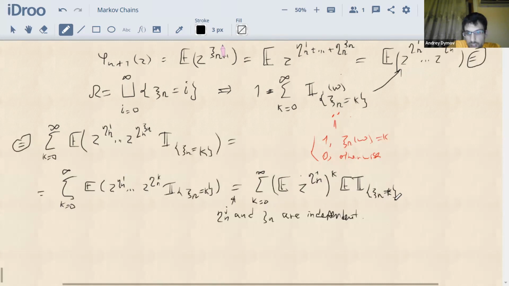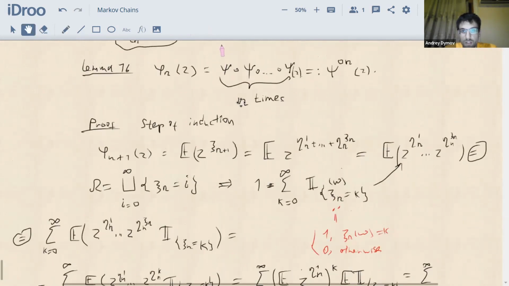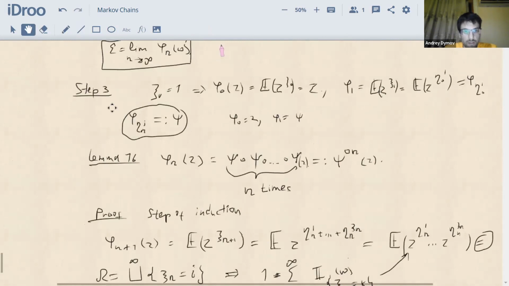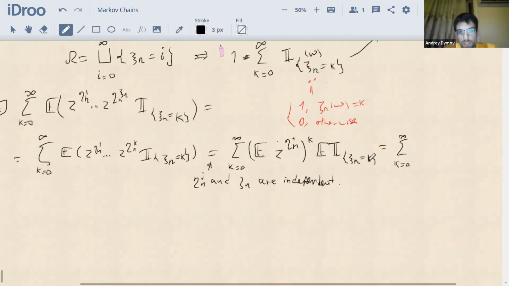What is this? This is just the generating function of the random variable eta n1. So in my notation, I recall this is the function psi, right? This is the function psi.